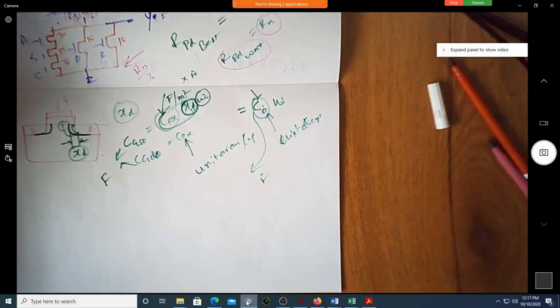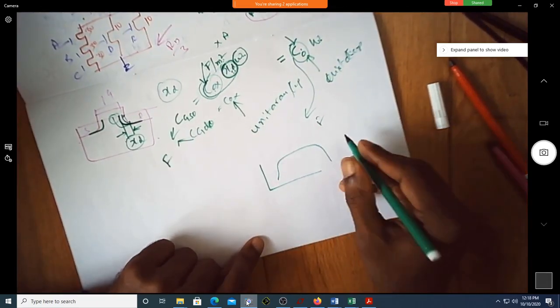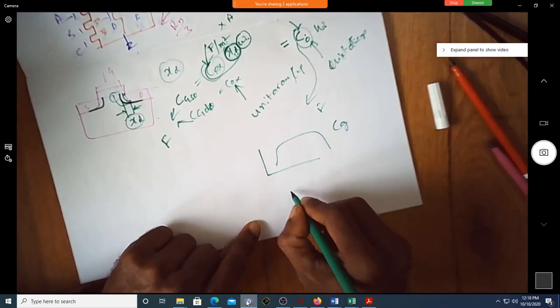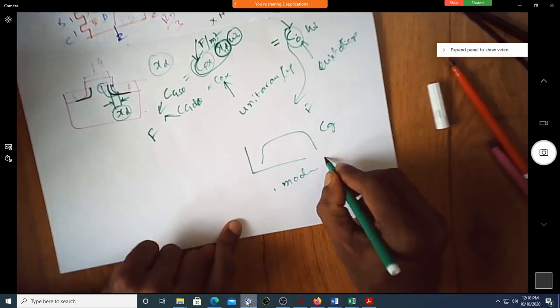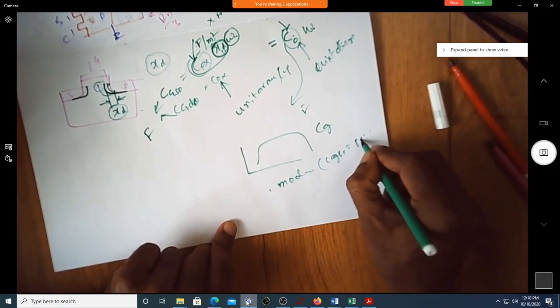I don't know whether you remember what we did in AMCD. When asked to plot the frequency response of an amplifier, we used to write .model so and so, CGSO equal to something like 100 nano.